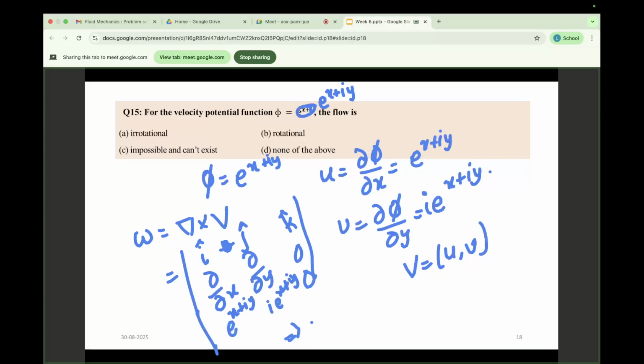So in the k cap we get our answer. It should be the derivative in the x direction of i e to the power x plus iy, minus the derivative of the other term.